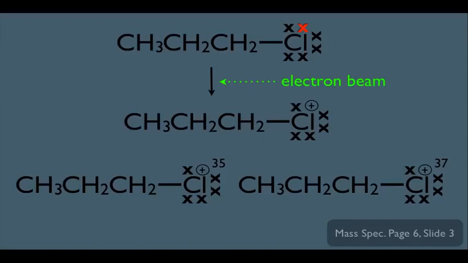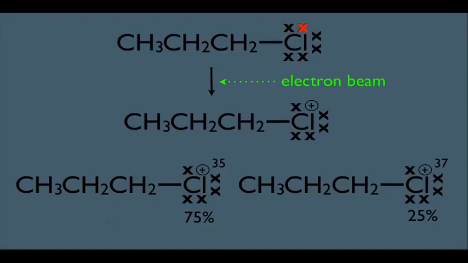The question is, are we going to see these two substances in equal amounts? Well, remember, the relative abundances are roughly 75% to 25%, which means that we would see the Cl35 molecule 3 more times than we would see the Cl37 molecule, simply because 75% to 25% is roughly 3 to 1.